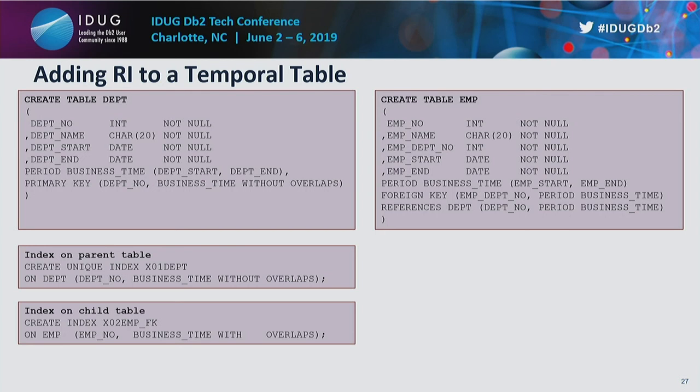That means I can have an employee under the same time frame in multiple departments, and that's okay. But you cannot have the same employee in the same department in the same time frame. That's the unique violation.